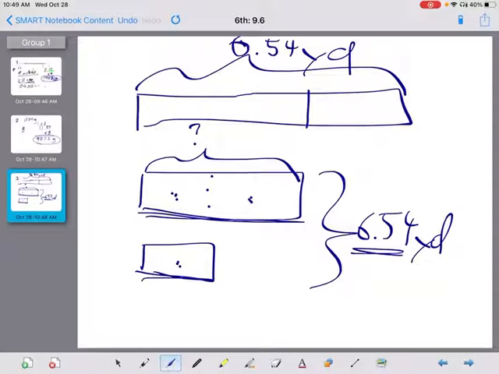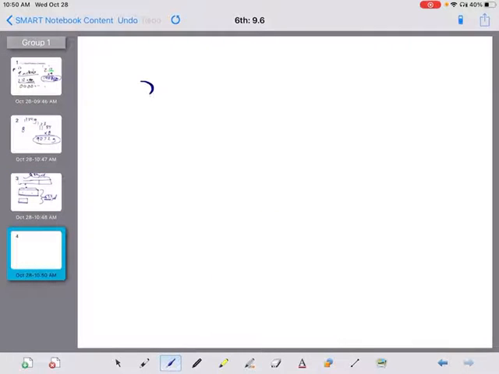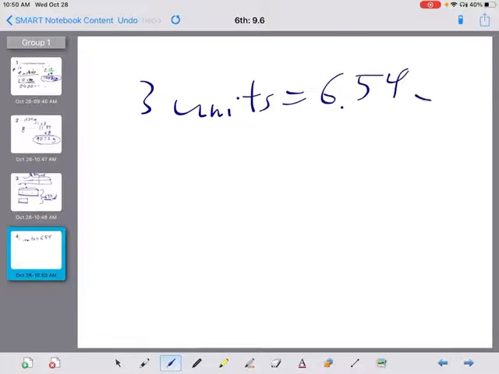That's really hard to understand if you're not actually writing it out like this. So basically we can say we've got 3 units equals 6.54 yards.